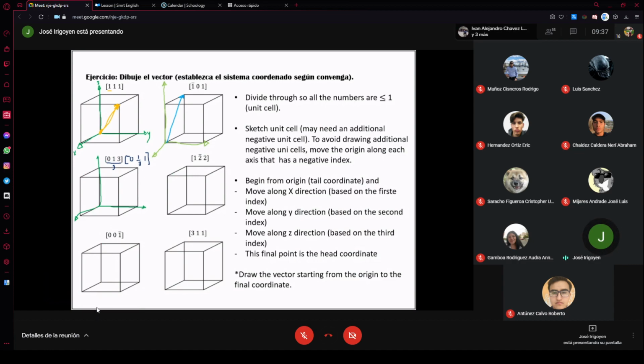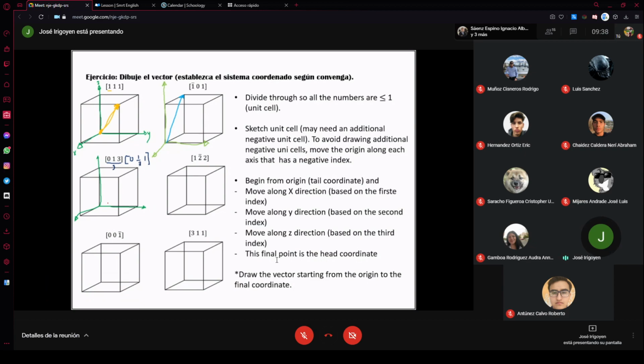We have identified the origin. If you have positive values, the origin always remains in the same place that we usually use. But if you have negatives, you're going to move the axis in terms of the number of units that you have here. That's why in the previous one we moved the origin from here to here. But in this case, because it's positive, it remains in the same place.